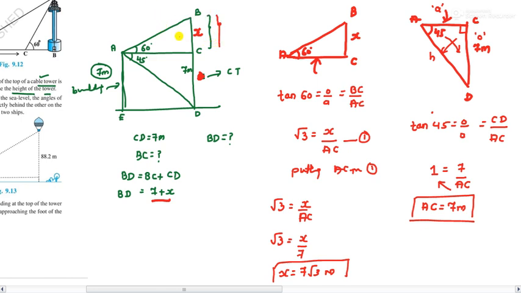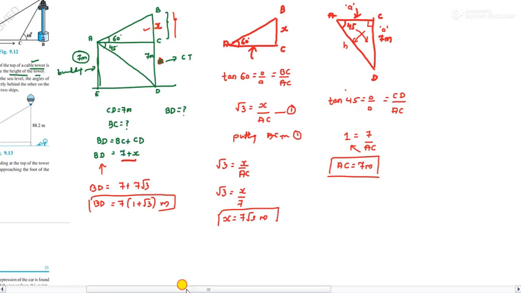Got it? So we got x, right? Now coming to BD. BD is 7 plus x. We have got x as 7 root 3. So if I take 7 common, I'll get 7 times (1 plus root 3) meter. This is the BD. And what is BD? BD is the height of the tower. Got it?